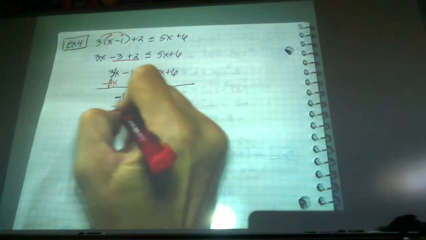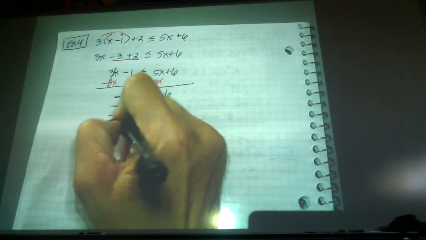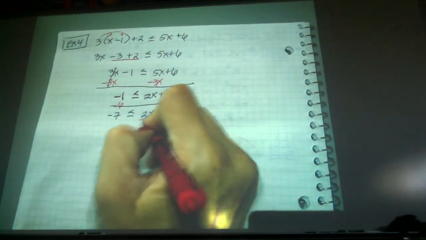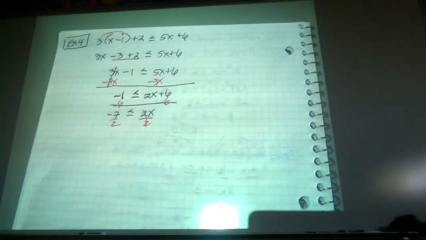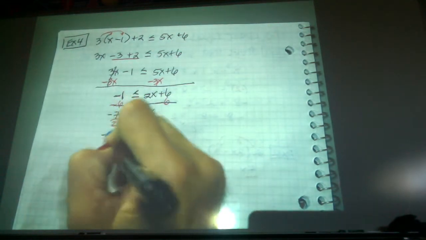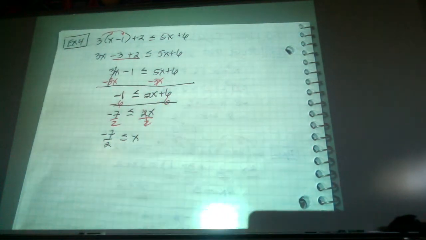Subtract 6. I'll get negative 7 less than or equal to 2x. And I divide by 2. I'm dividing by a positive, so I don't have to flip the sign. If you choose, because you like your variables always on the left side, that's fine.